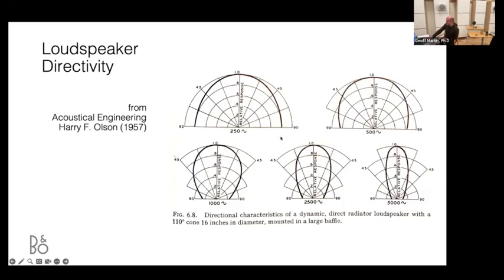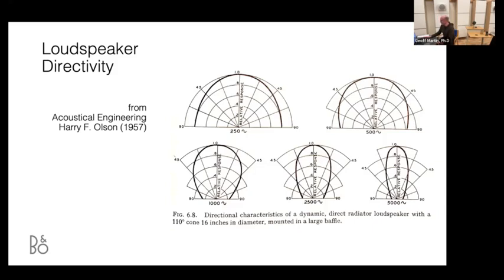And as we go higher and higher in frequency, we get a narrower and narrower beam. We start becoming a lot more directional, because the wavelength of the signal that we're emitting is very small relative to the diameter of the driver itself. This is a natural behavior of how a driver, like a piston, will radiate sound into half space.